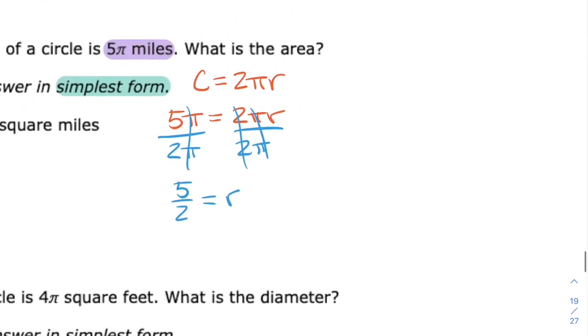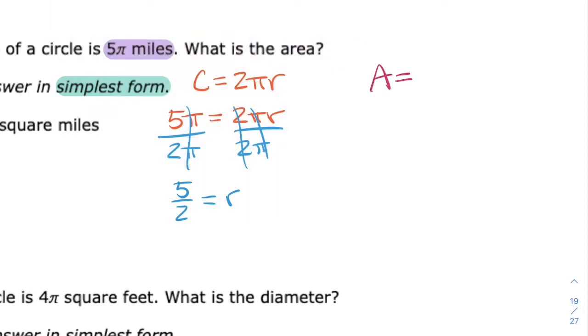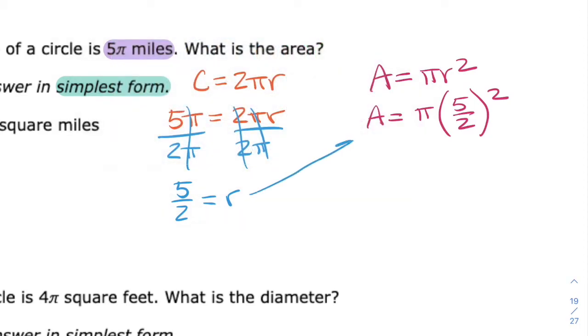Okay. So now the area is pi r squared. So area is going to be pi times 5 over 2 squared, because that's where my radius will fit in.